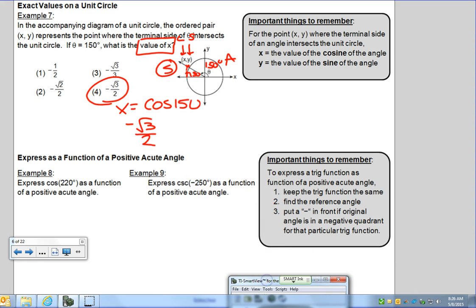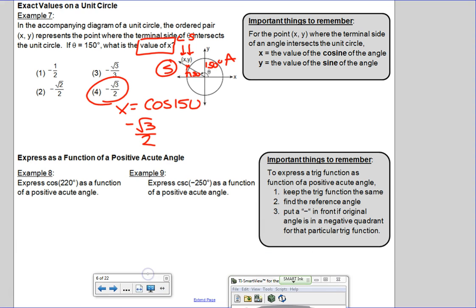All right, example 8. Example 8 says to express the cosine of 220 as a function of a positive acute angle. Now, this is not asking you for the exact value, because if we do draw the picture, which we're going to need anyways, so we'll do it now, 220 looks like this.